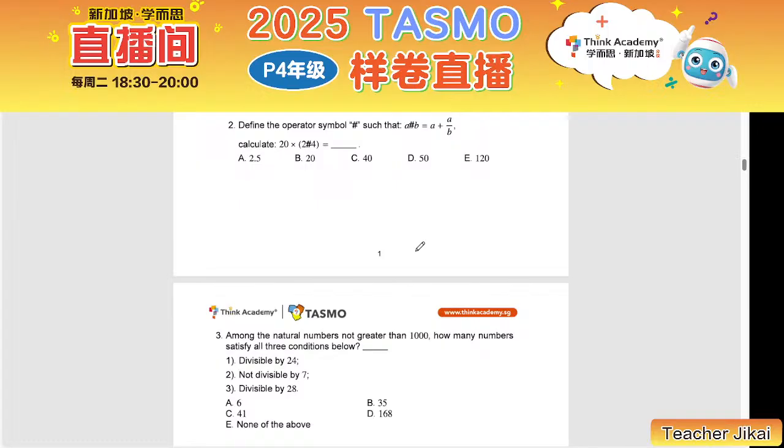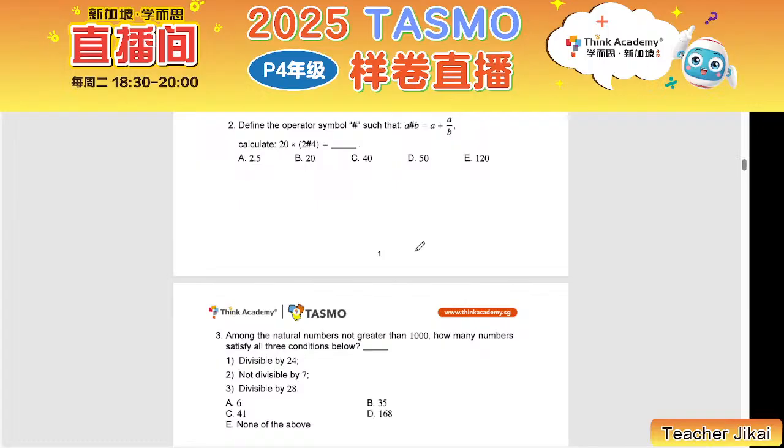Okay, everybody understand this? Then we are going to our second question. It is something about the new definition here. So we know A star B is A plus A over B, and we want to calculate 20 times this kind of thing. So how can we do it? First, you can try to understand the pattern here.